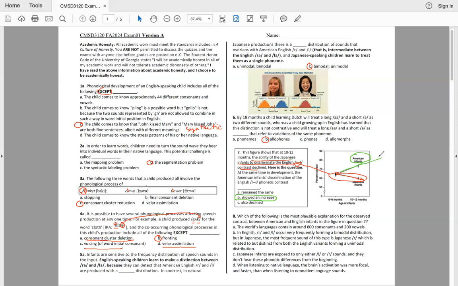So this is straightforward here, the increasing pattern upward. And the Japanese infants, they are no longer able to differentiate the L sound when they are about 12 months old. So we see a downward pattern here. The answer is B.